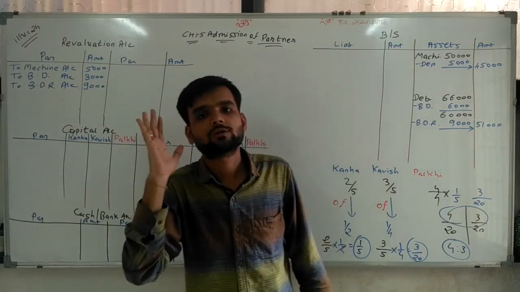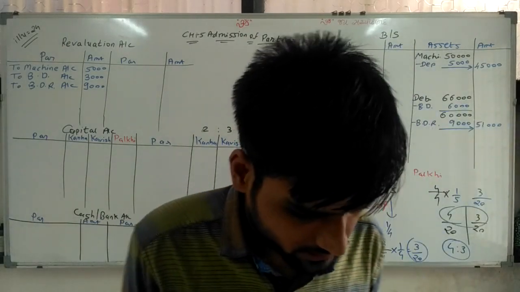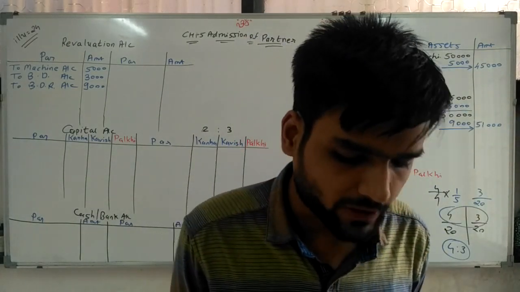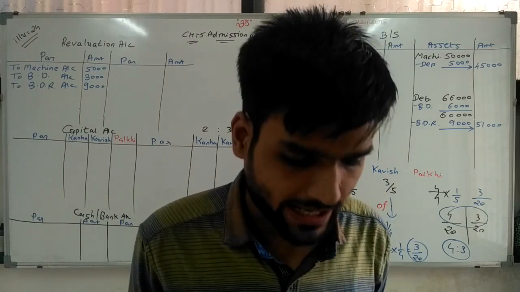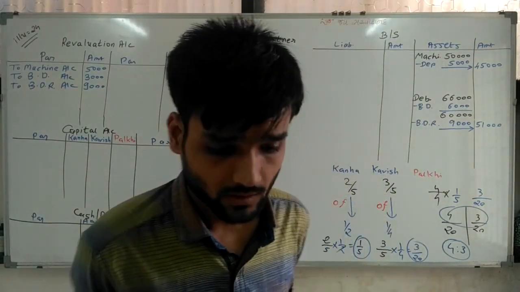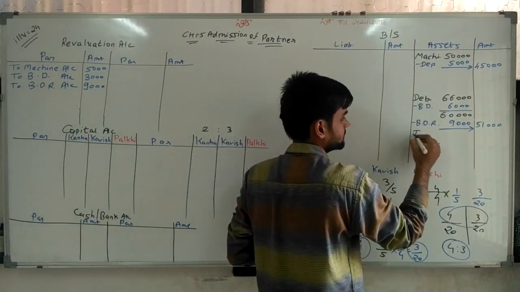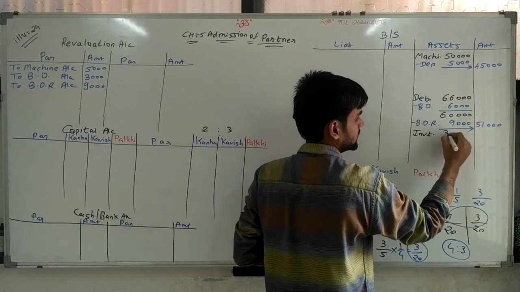That is very important. Now going ahead, adjustment number 6. Market value of investment is rupees 15,000. Now actually investment is given 30,000. Here I am writing investment 30,000.